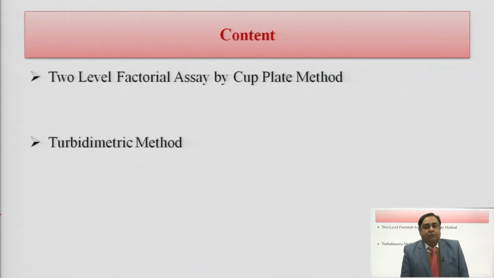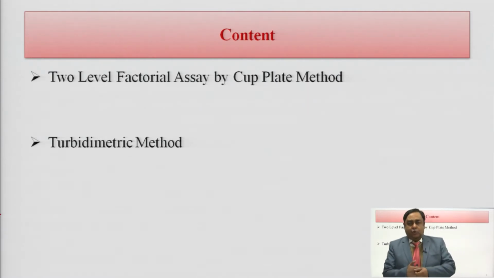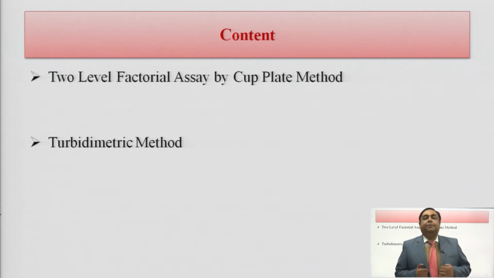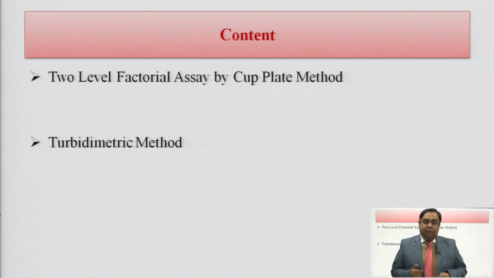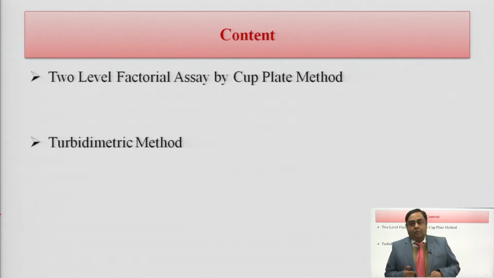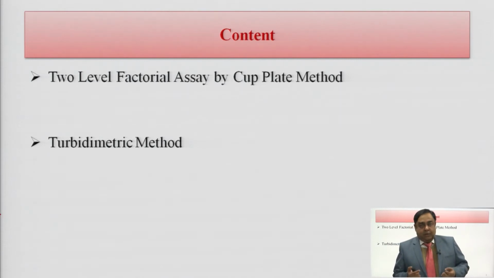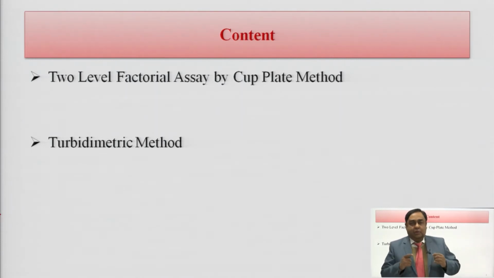Now, in the previous class, we studied the antibiotic assay by cup plate method, and as I have told you earlier, the assay of antibiotic can be done by two methods mainly. One is called the cup plate method, where we are estimating the zone of inhibition produced by the antibiotic.